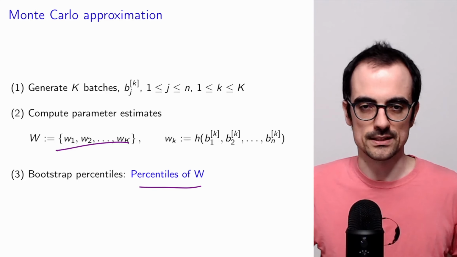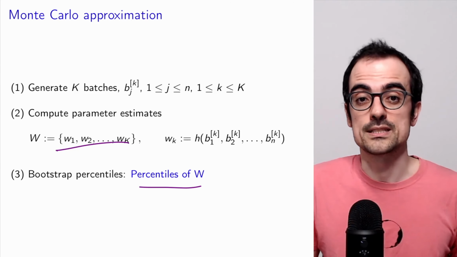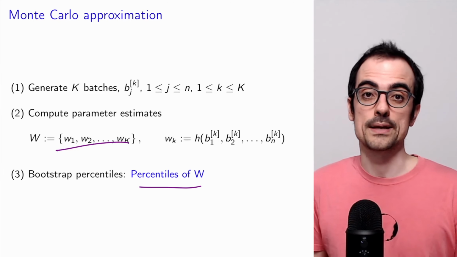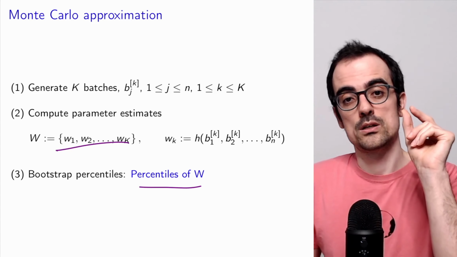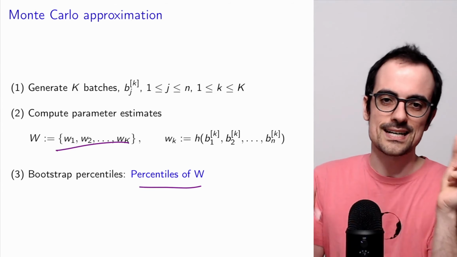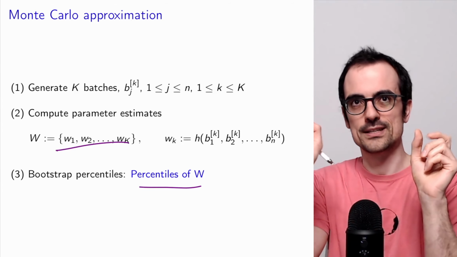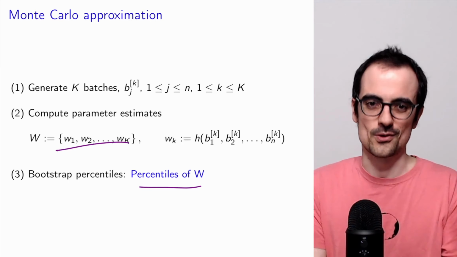Okay, hopefully that makes sense. If we're interested in a 95% confidence interval, a 0.95 confidence interval, we're going to pick the 0.025 percentile on one side and the 0.975 percentile on the other. I don't know why I did that to myself, but hopefully you get the idea.